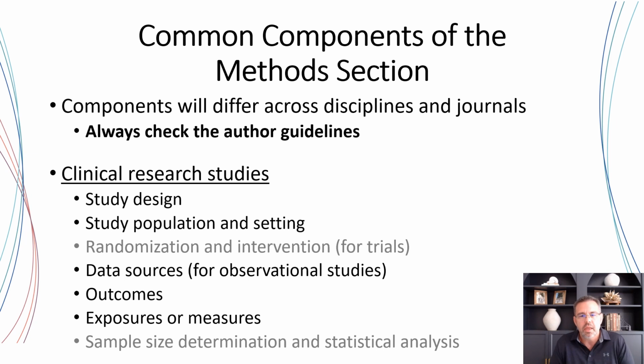And so my first piece of advice is that components will often differ across academic disciplines and journals. So it is always of benefit to actually check the author guidelines of the journal to which you think you may want to submit your manuscript.